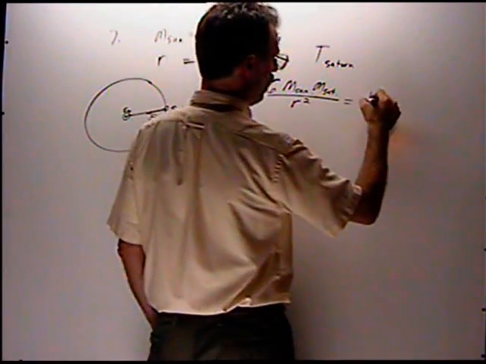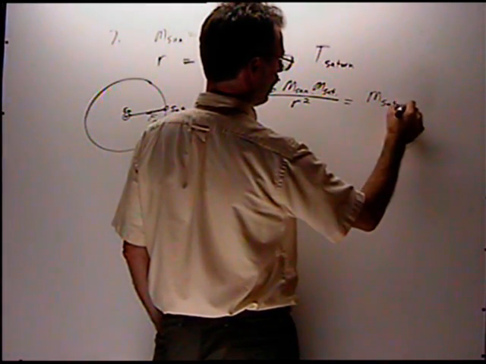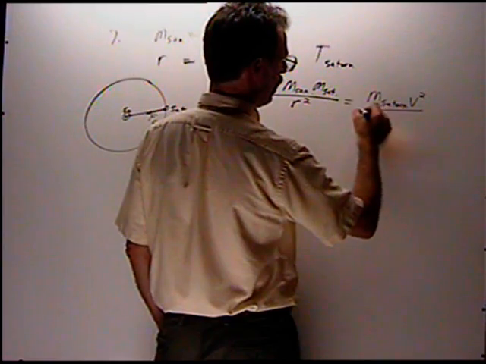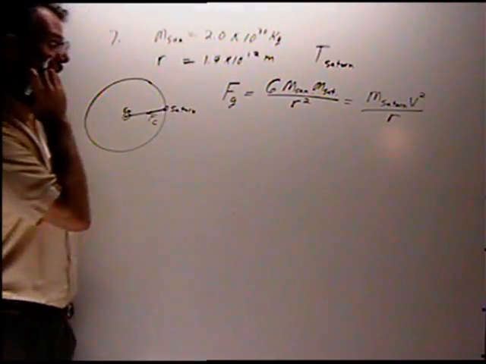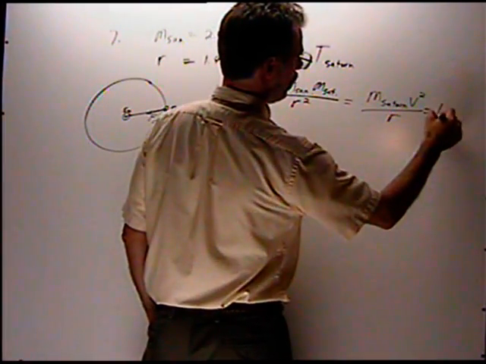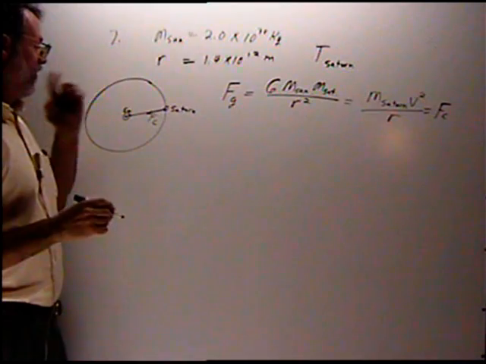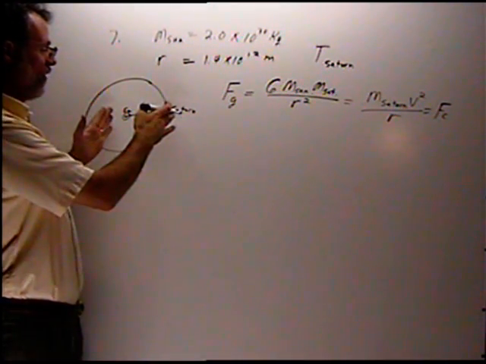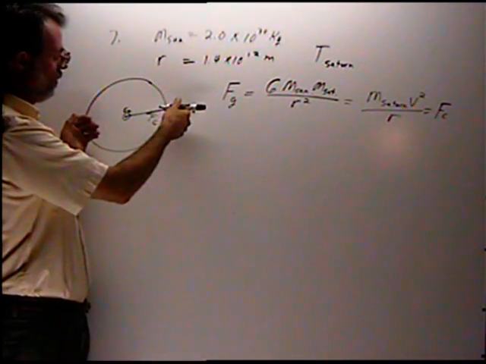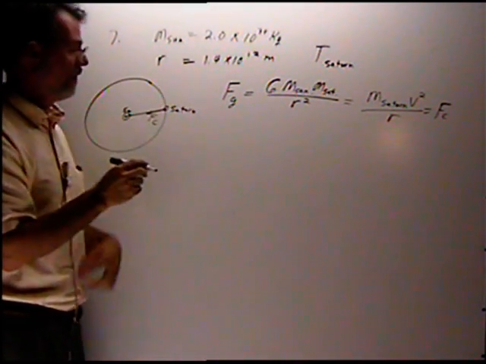So Saturn's centripetal force is m v squared over r, which is the centripetal acceleration. The gravitational force is what supplies the force necessary to keep Saturn going in its orbit.